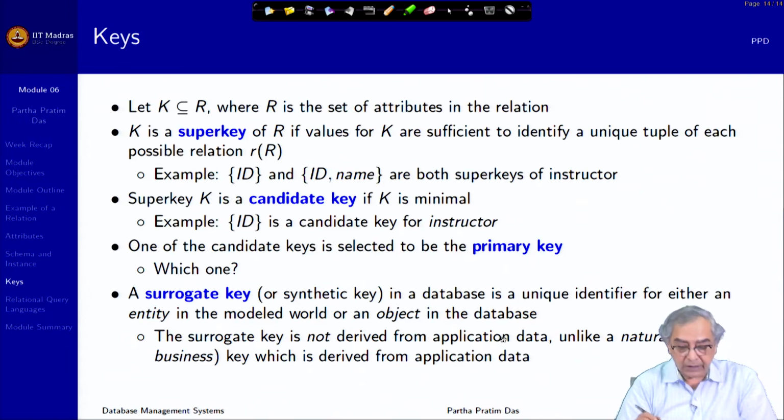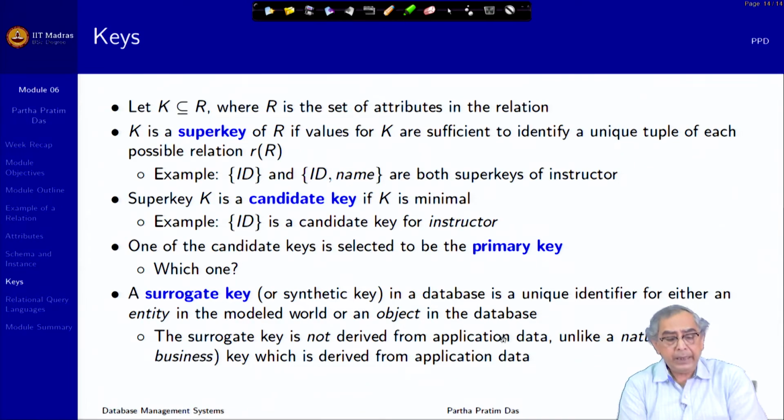So let us talk about keys next. The basic concept of the key is that there are multiple attributes. Now, not all of them uniquely identify a row; they may, but the question is of minimality.